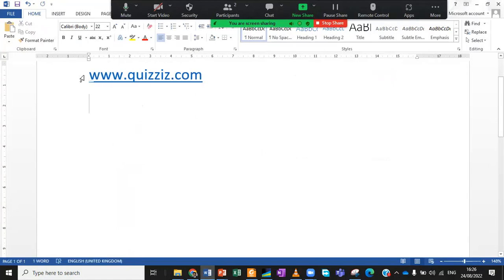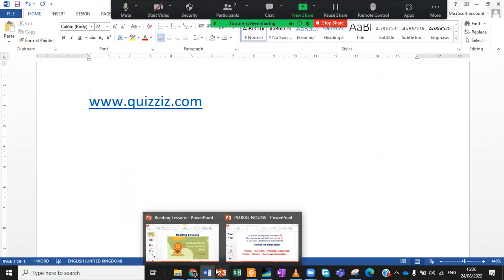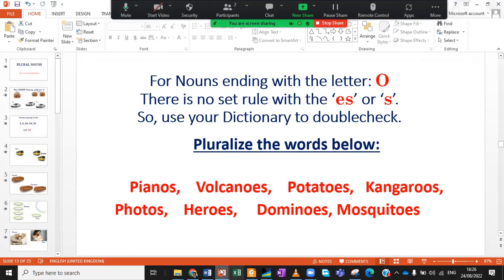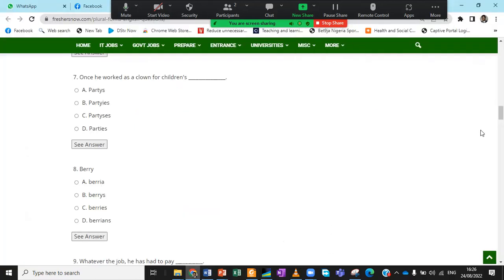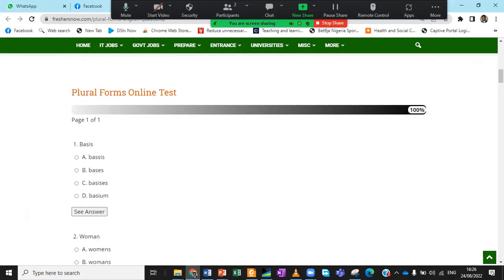Good. So we are going to use quizzes today to do some exercises. I'll send you the code when I'm ready. Before we begin, do you have any question on these plurals? Because there are some words here you might just want to try to guess.